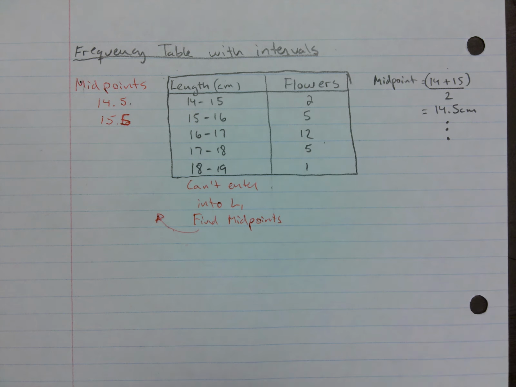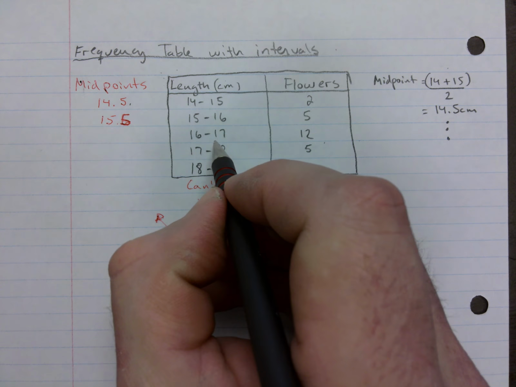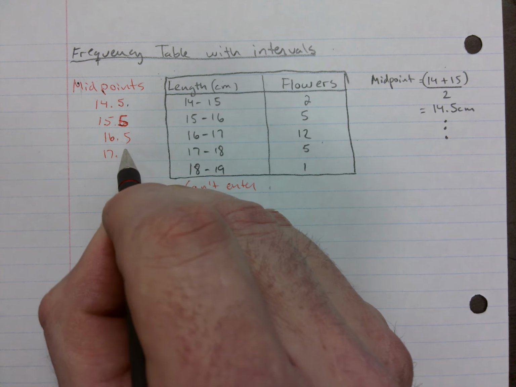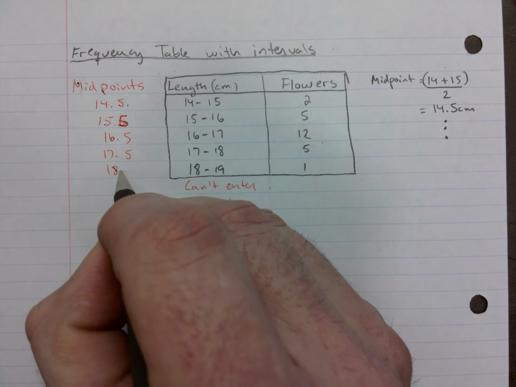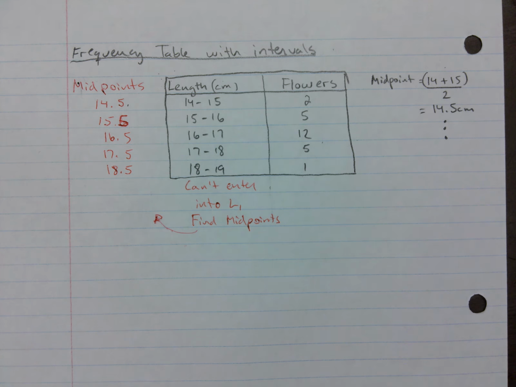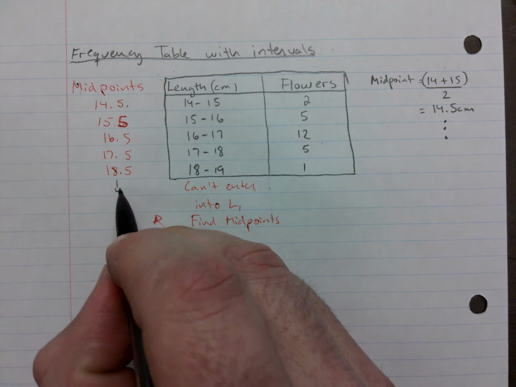You would have done the same if you wanted a frequency polygon. You find the midpoints. 16 to 17, that's 16 and a half, 17 and a half, 18 and a half. So it will be consistent. Once you figure out the first two, you might be fine to just do it in your head, but just make sure you don't get that wrong. So this goes into L1.